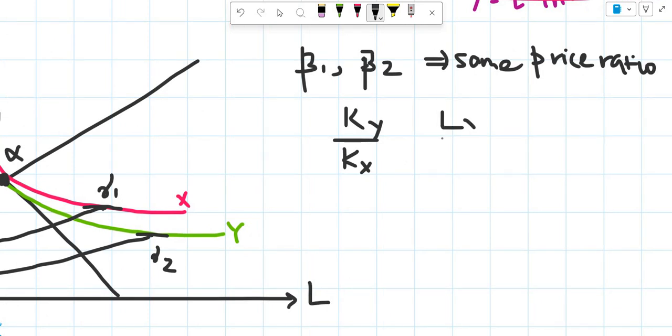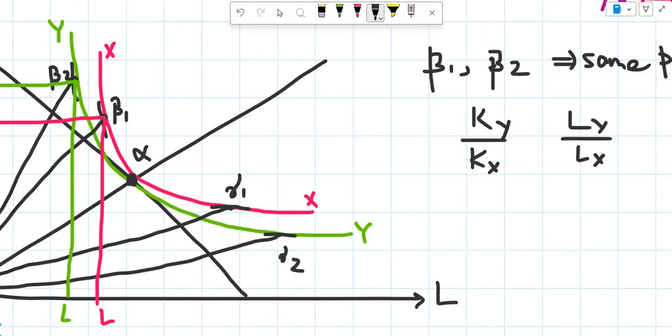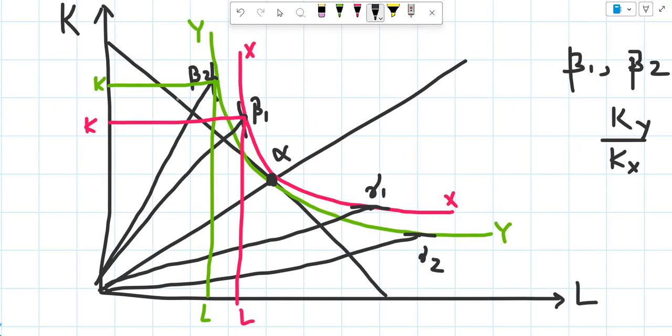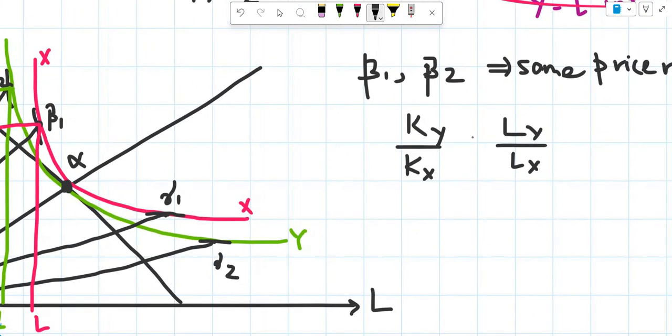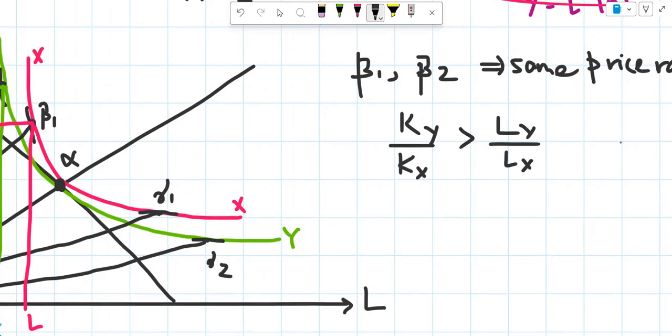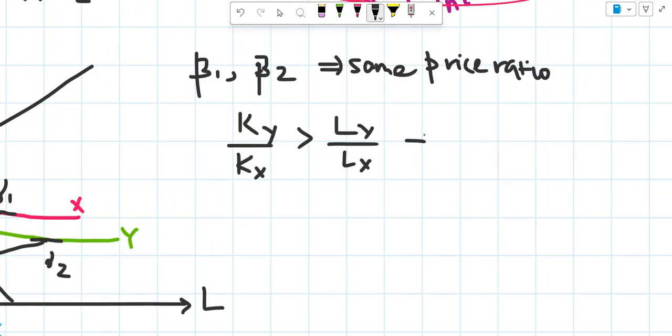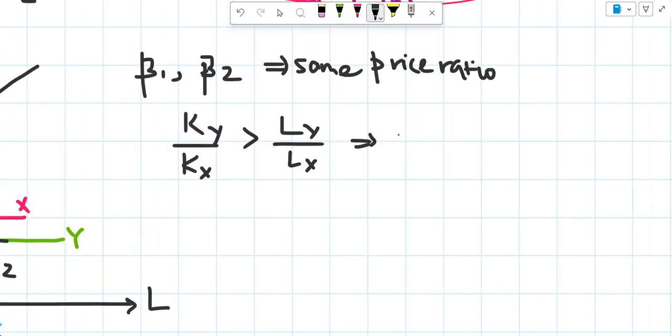You have labor used in Y, you have labor used in X, right? This capital being used in Y is more. So this is more. Now if capital is being used more in Y, it would give us a hint that Y is capital intensive, right?